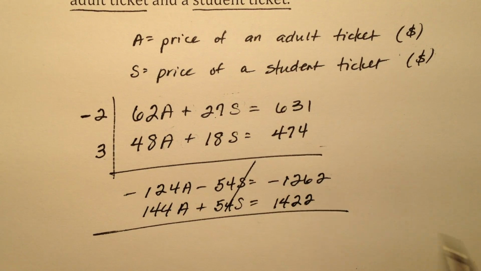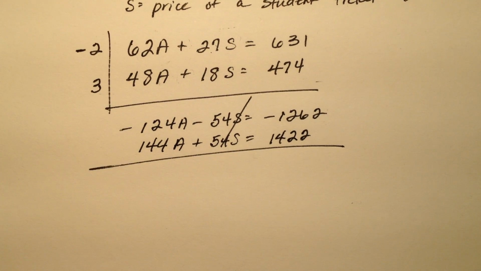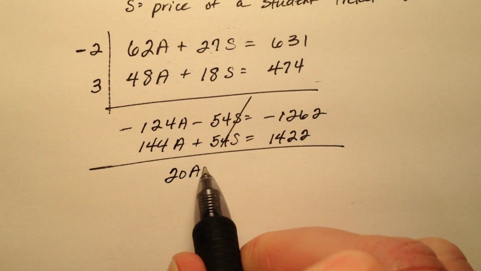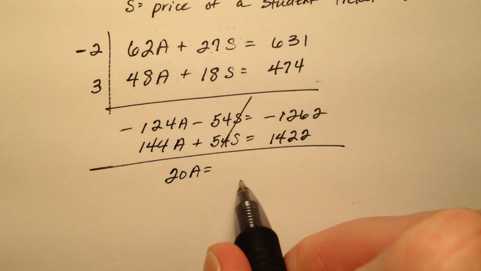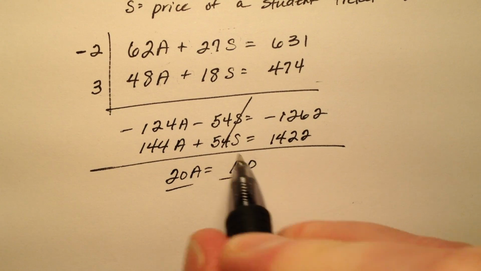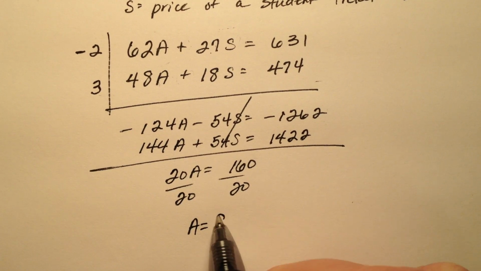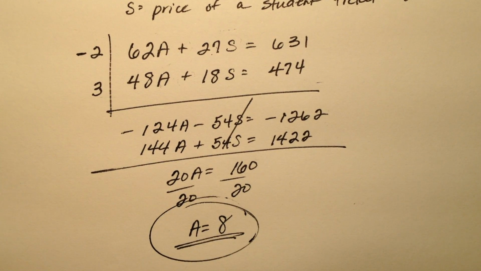Okay, so our S's will cancel. So now when I add these two equations, I'll have 20A, and that's going to equal 160. So when I divide both sides by 20, A will equal 8. So A was the price of one adult ticket, so I know that that price is $8.